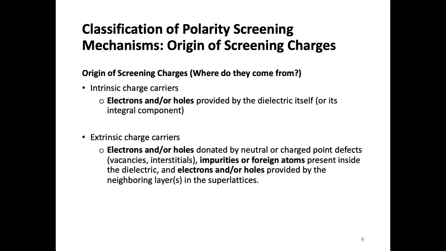So they are native. Whereas extrinsic charge carriers are electrons and/or holes donated by neutral or charged point defects like vacancies and interstitials, impurities or foreign atoms present inside the dielectric, and electrons and/or holes provided by the neighboring layers in the superlattices.